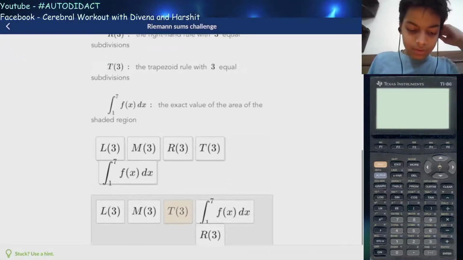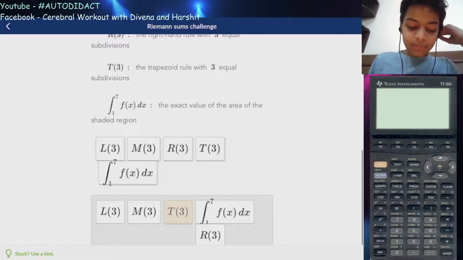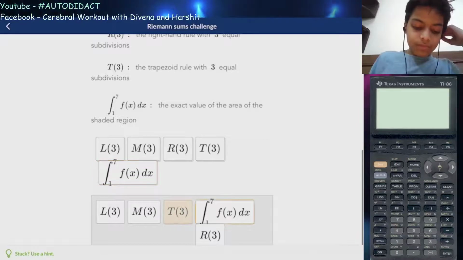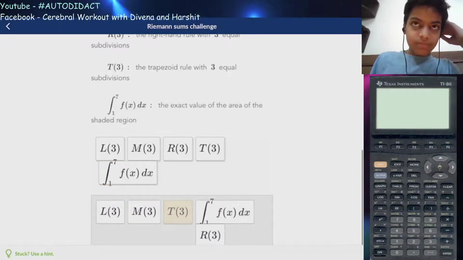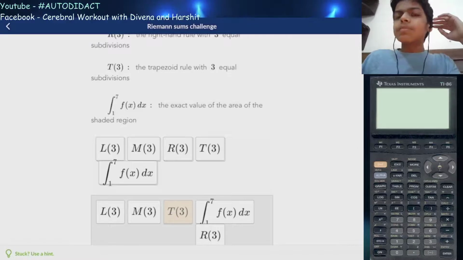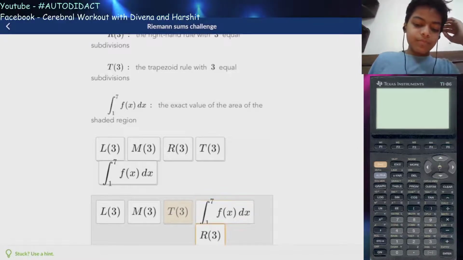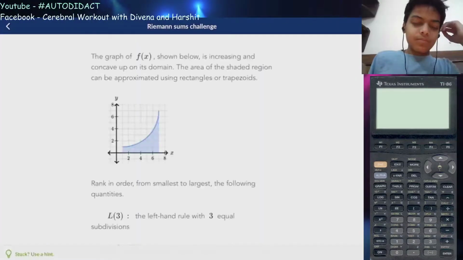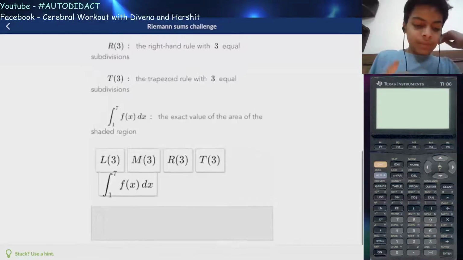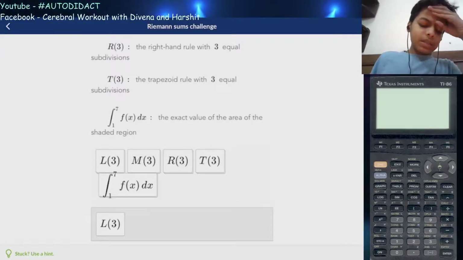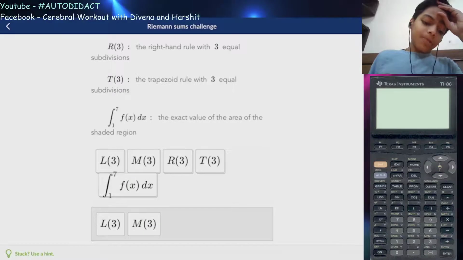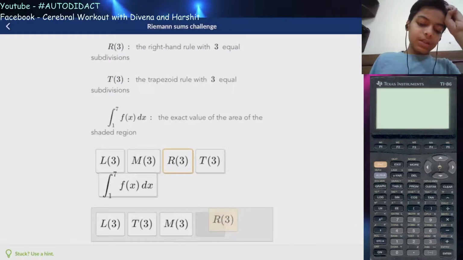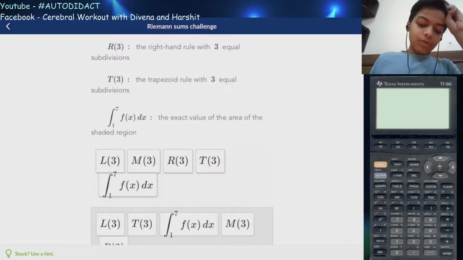Okay, so this one was wrong. T of 3 will come after this or not? Okay, the first L of 3, then M of 3, followed by T of 3.